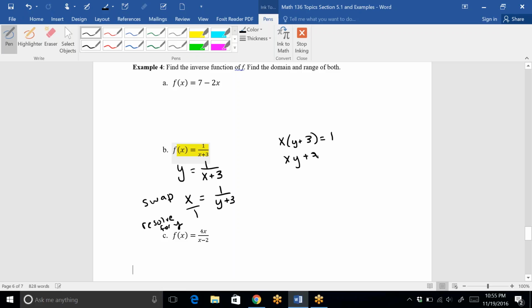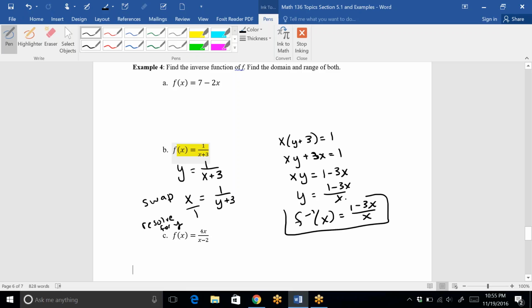Distribute, that would be 3x. I would subtract the 3x over to the other side and then divide everything by x. So my inverse would be 1 minus 3x over x. We said we would talk about the domain and range of each, so f and f inverse with their domains and range.